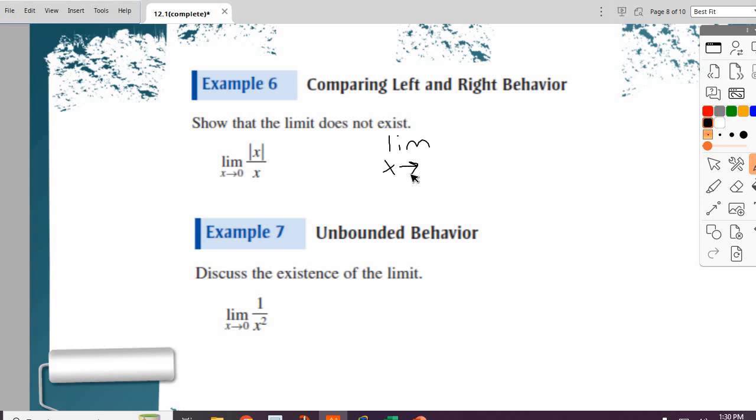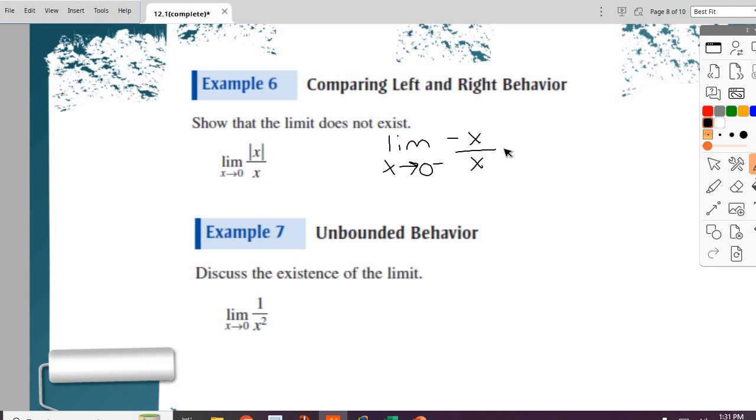So what type of numbers, when I have an absolute value, are before 0? Negatives. So remember that our two cases with an absolute value are our positive and our negative. So we have to look at the negative case to the left of 0. Are we all okay with that?